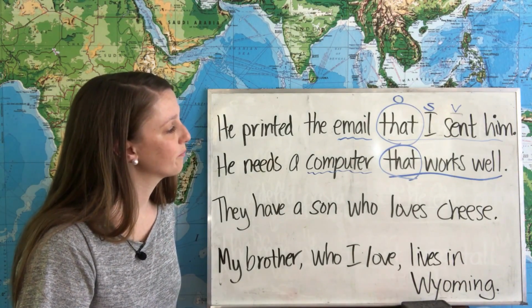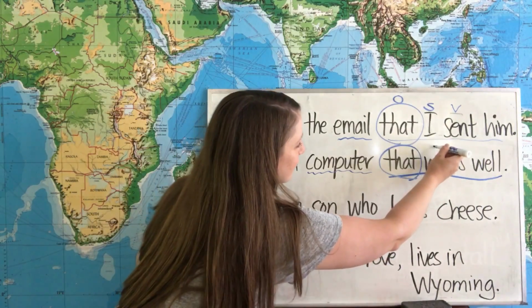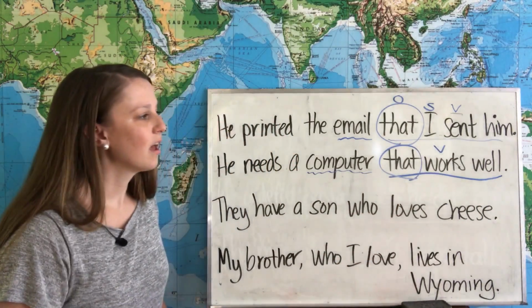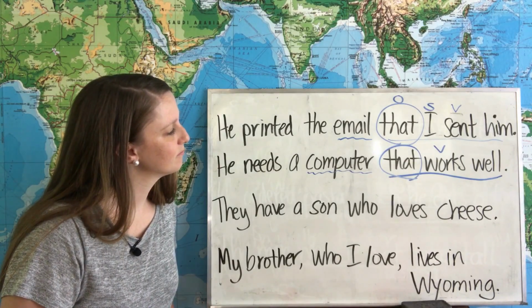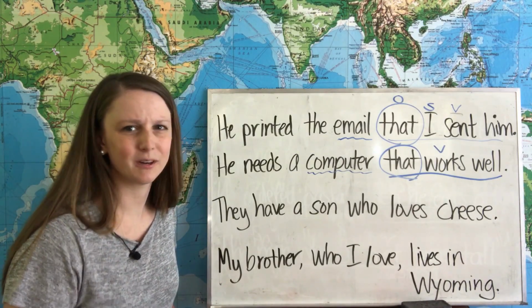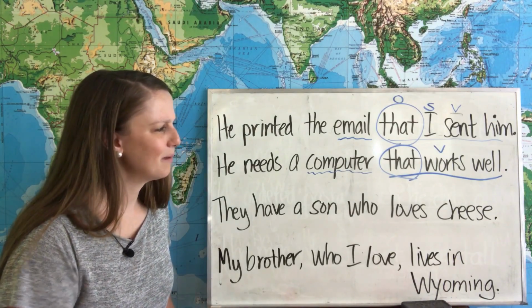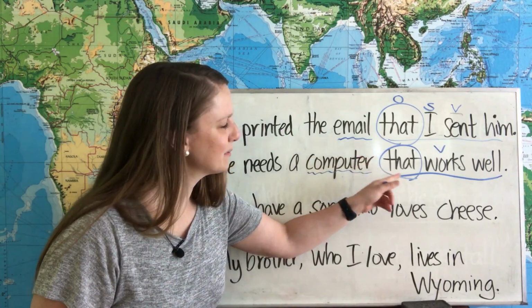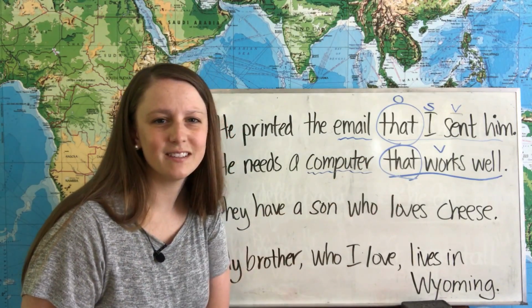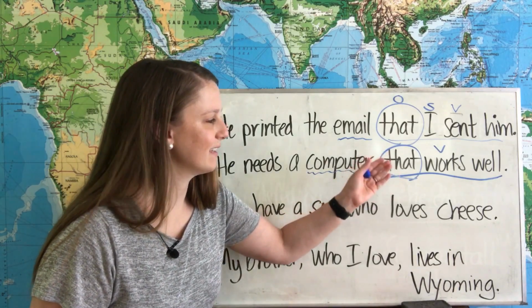That works well. The verb here is works. And what works well? The computer works well, the computer that he wants or that he needs. But we don't see computer in this clause, right? That's because the relative pronoun here is taking the place of the computer. So it's replacing the computer.